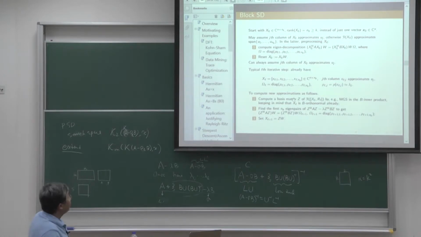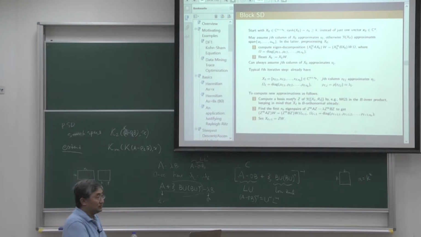All right. Now, what we call block SD. Block SD, by name, means that initially you have not just one vector. You initially have several vectors, here called nb. So you have nb vectors, for example nb equal 10. So you start with, for example, an n by 10 matrix, 10 vectors together. And it has to be full rank.